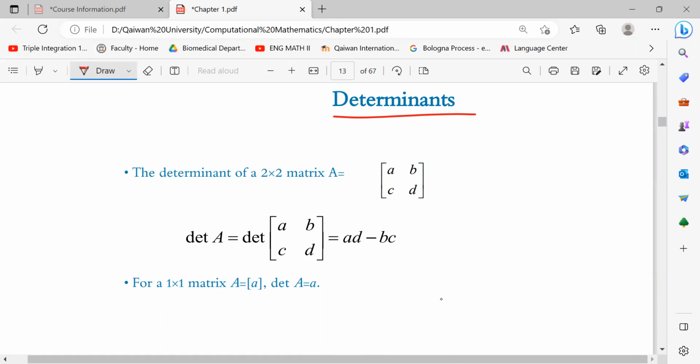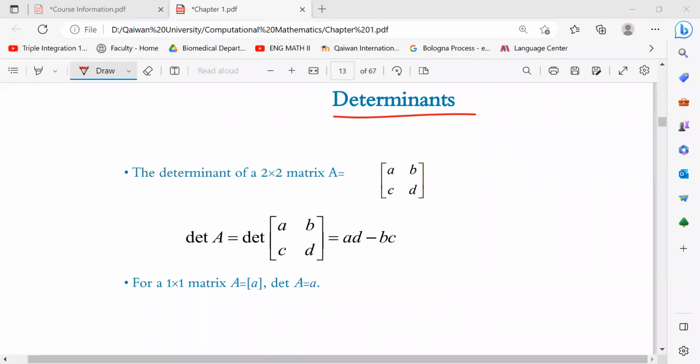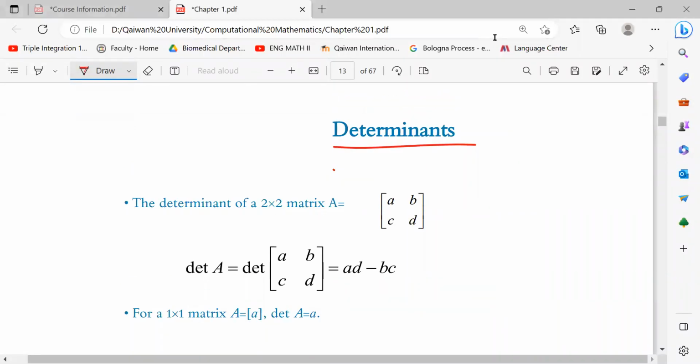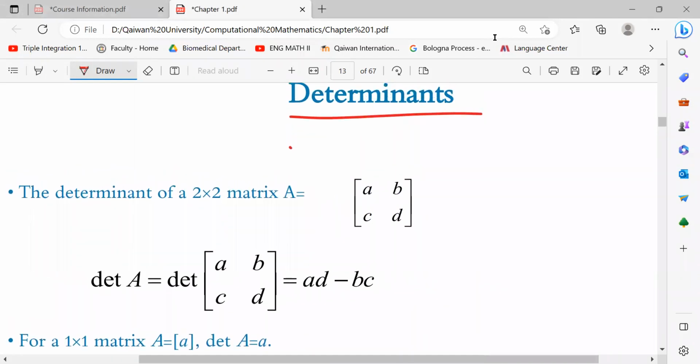If it's not square, we cannot find it. First, we talk about a 2 by 2 matrix, then a 3 by 3 matrix.